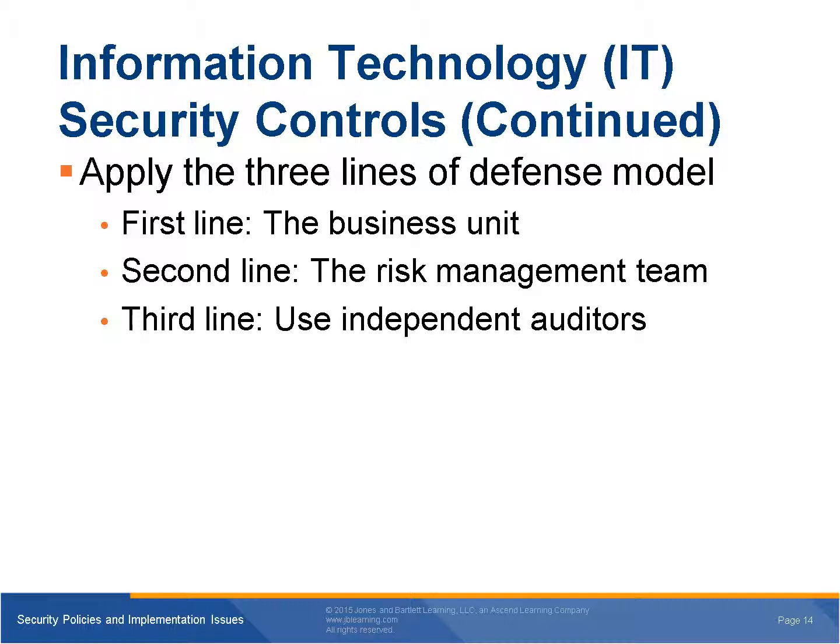The second line of defense is the enterprise risk management program. The risk management program can be made of multiple control partners depending on the size and complexity of the organization. Operational risk management personnel and compliance personnel are examples of these control partners.